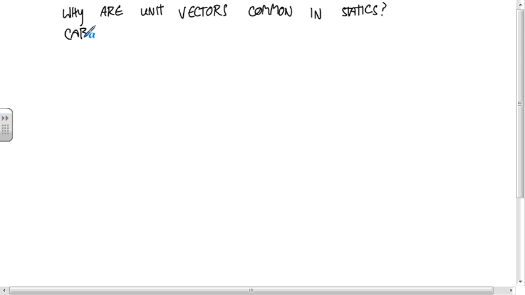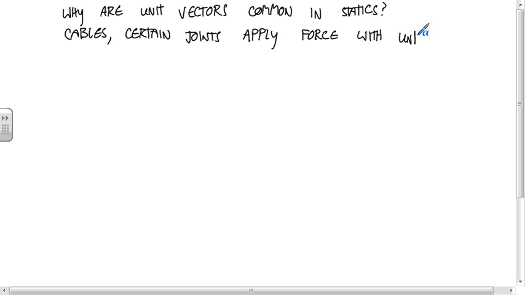So cables and certain joints apply force vectors with unknown magnitudes, which means we have to calculate the magnitude, but known directions.